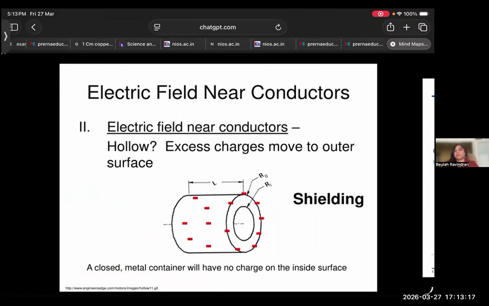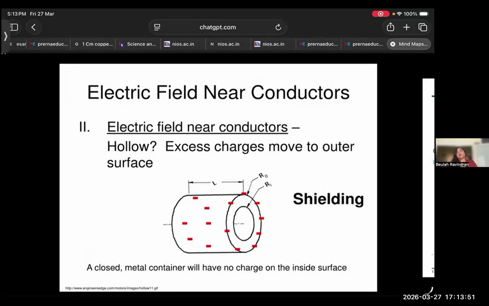Inside the conductor, the electric field is zero. Keep in your mind, all of you, my dear students: inside the conductor, the electric field is zero. At the surface, charge accumulates. At the sharp edges, you can see more charge density, that is, high sigma at the sharp edges. If it is a hollow cylinder, inside the cavity we saw that E is zero if there is no charge inside. Hollow conductor, right?